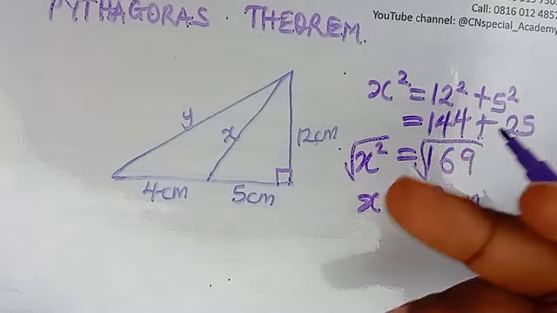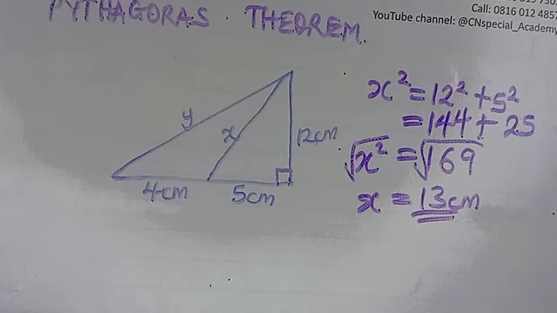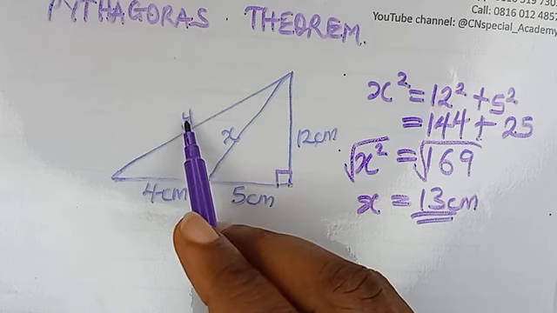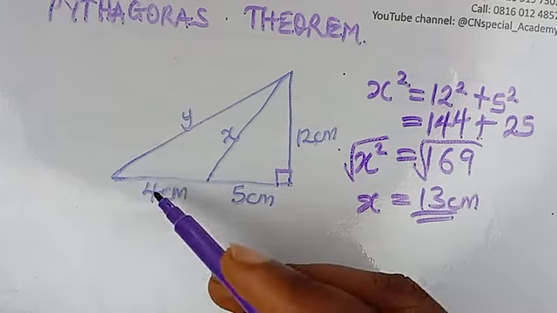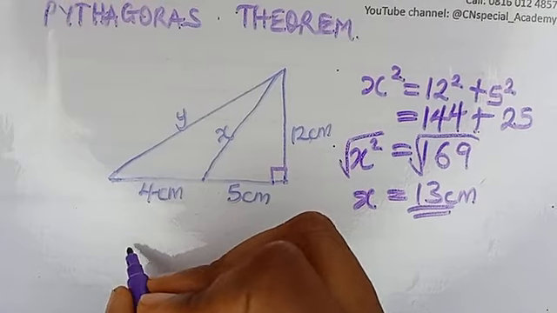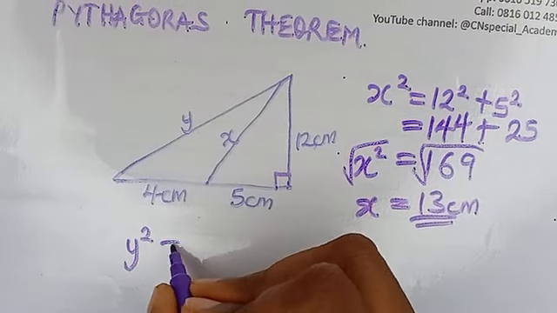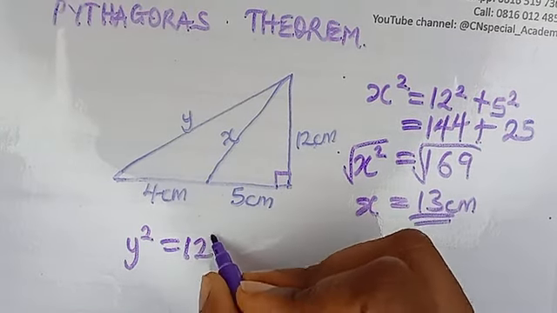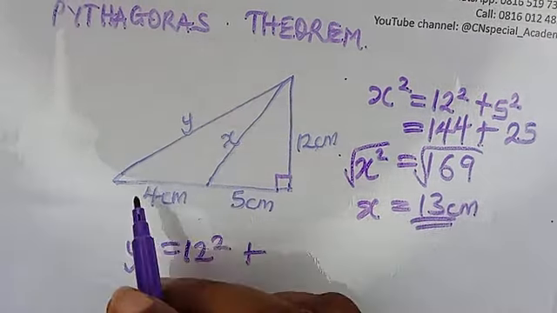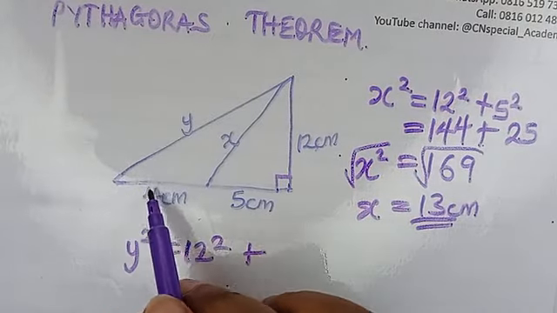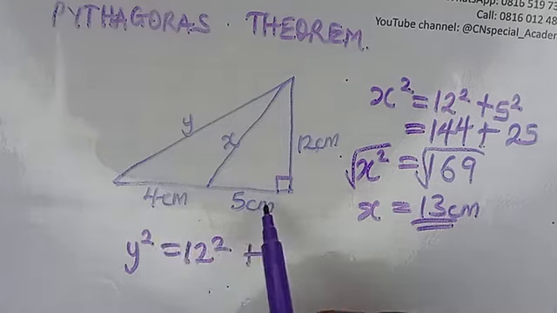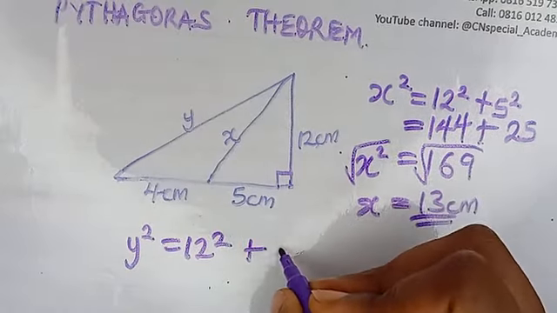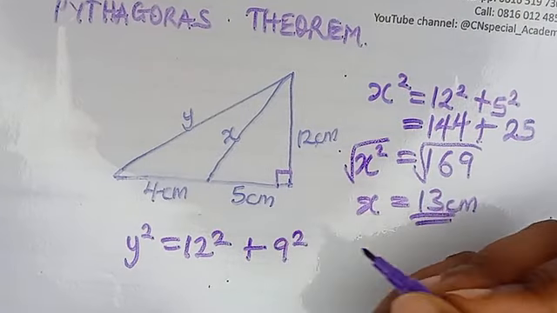In that same manner, you are going to solve for y. Same thing, y is also the hypotenuse of the bigger triangle. Now, we have that y squared is equal to this other side, 12 squared, plus the whole length of the other remaining side, which is 4 plus 5, which is 9 squared.